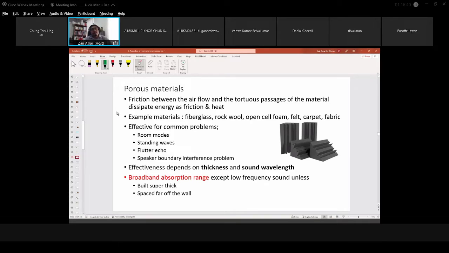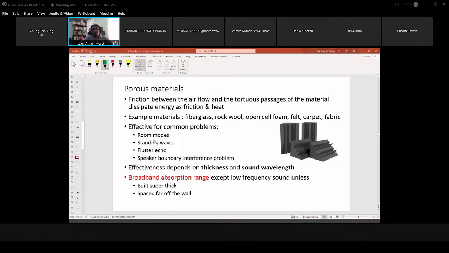Okay, so we can use porous material in so many common problems. For example, to reduce sound reflection coming from room modes, standing waves, echoes, and also speaker boundary interference problem. The effectiveness of this material depends largely on the thickness of the material and also the sound wavelength that is being absorbed in this material.